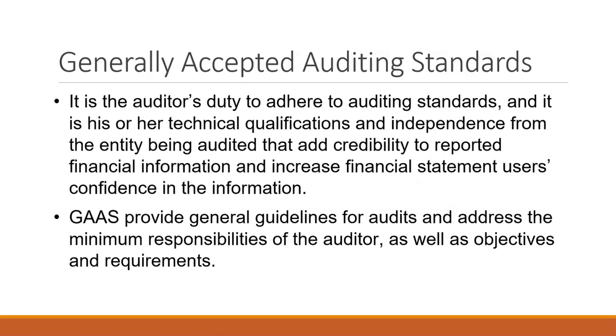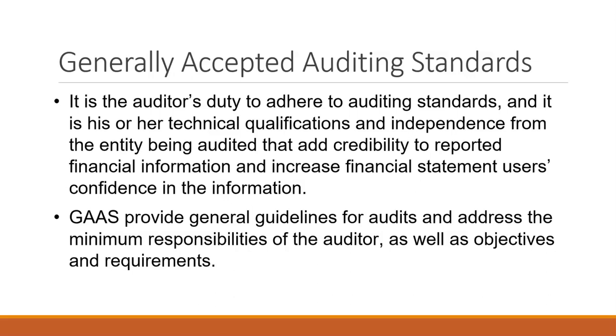When looking at the auditing standards and the requirements for this, of course the auditor has to adhere to all of those auditing standards, but they also need to be able to prove that they are qualified to perform an audit and that there is independence.